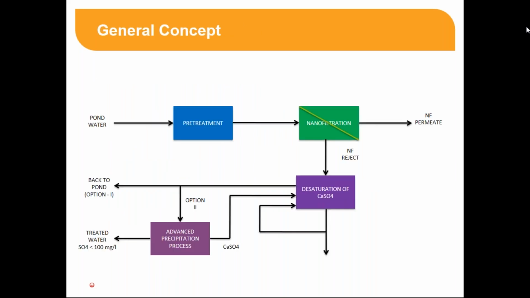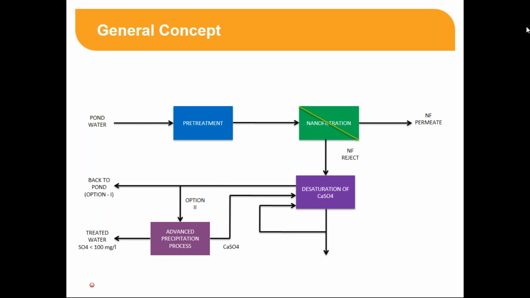So let's look at the concept. The pond water goes to the pre-treatment step. Since you have a nanofiltration, it goes through a pre-treatment step to remove iron, manganese, and molybdenum. Then the reject goes to the first stage desaturation process to bring the sulfates down to less than 1500 milligram per liter.